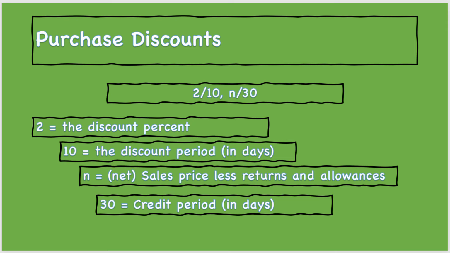I would make sure that I thoroughly understood what each of the elements within the terms mean. 2/10, net 30. What does the 2 mean? Well, the first term is always going to be the discount percentage. Then it's always going to be the discount period in days. The net is the sales price less any returns and allowances, and then the credit period.